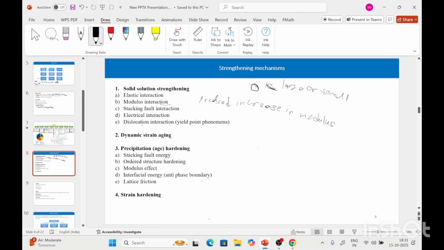After going there, it will hinder the stacking fault motion, and the stacking fault cannot rejoin after this alloying element addition. Because of that, stacking fault energy goes high, and that will increase the strength of the aluminum alloy.